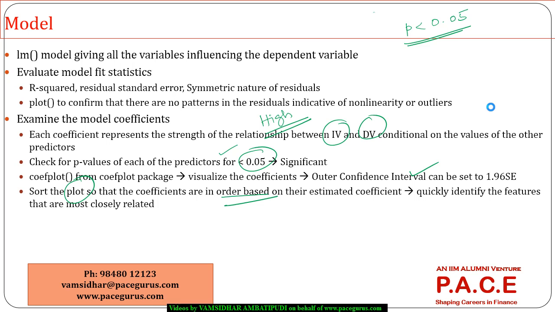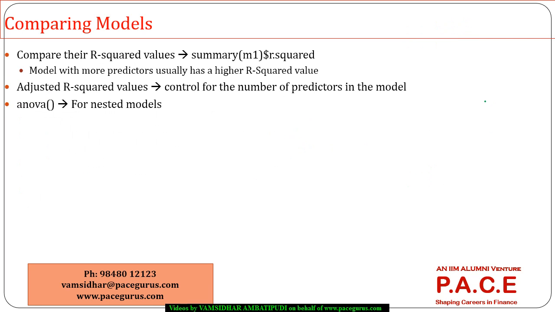Alright, let's move to the next one. Now here I would be interested in comparing the models. When I want to compare two models, one way is to compare their R squared values. The higher the R squared, the higher the predictability associated with the model.